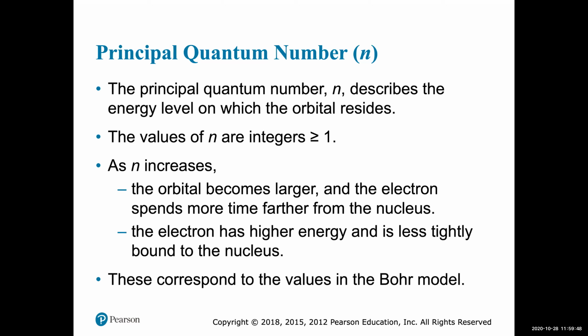The bigger the n number, the higher the energy that the electron has, and the less tightly it is bound to the nucleus. So as we go up through 1, 2, 3, and 4, the orbital gets bigger, the electrons get a little more spread out from the nucleus, and the electron has higher energy and is less tightly bound to the nucleus.